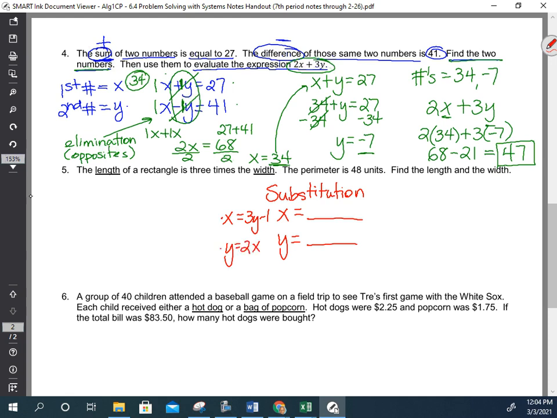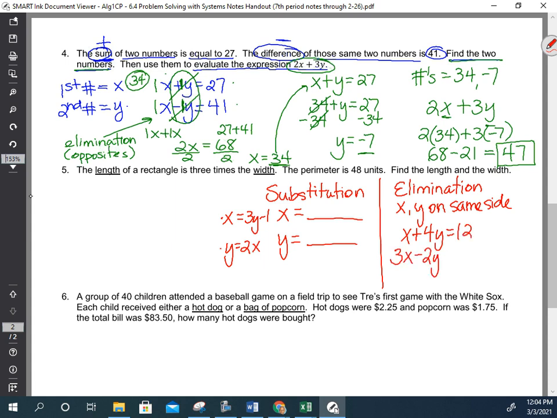You want one of your equations to already be set up that way. For elimination, you want x and y on the same side. For example, x plus 4y equals 12 and 3x minus 2y equals 8. So you already want it set up.